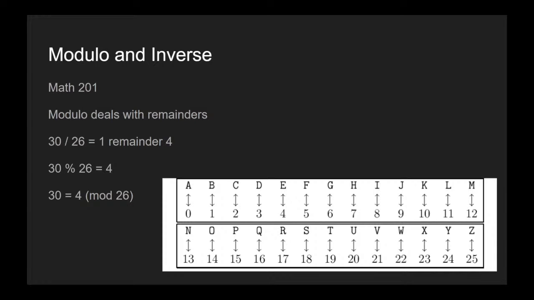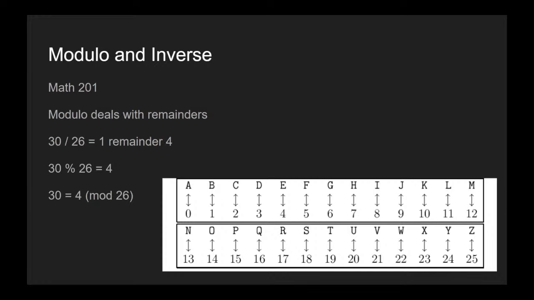So if you were to go into Python or C, chances are if you typed in, print out the answer to 30 % 26, it should pop out 4, because that's typically how computers do modulo. And the way you'll see it written in Math 201 typically is 30 equals 4 mod 26, and mod is just short for modulo.